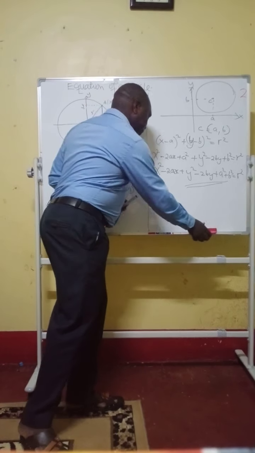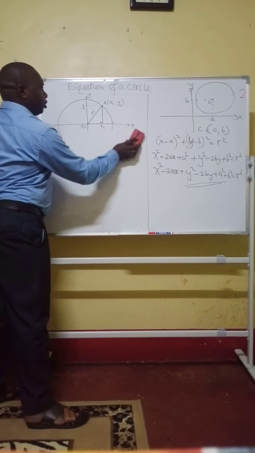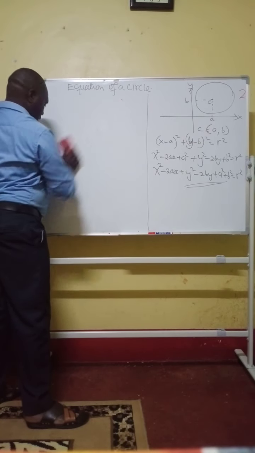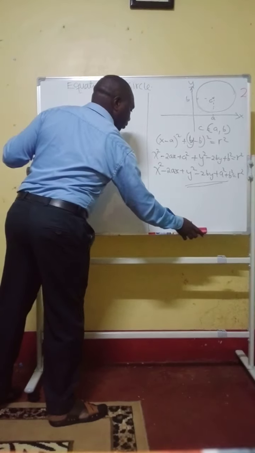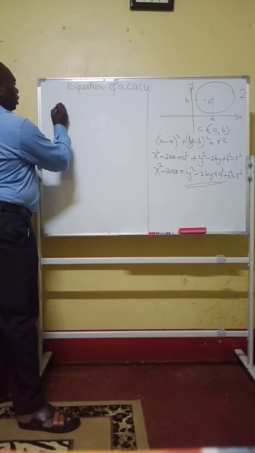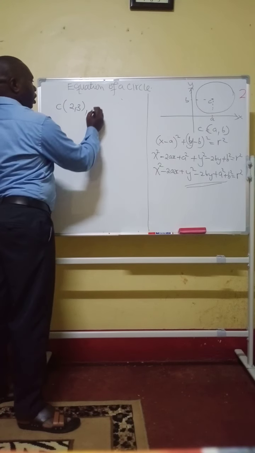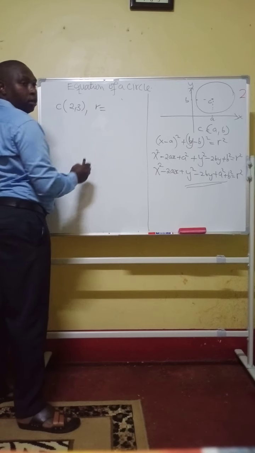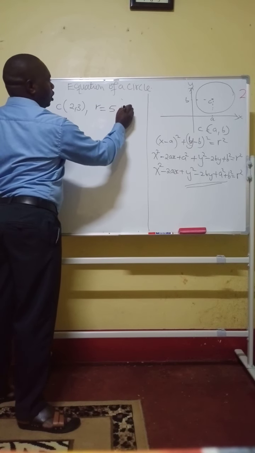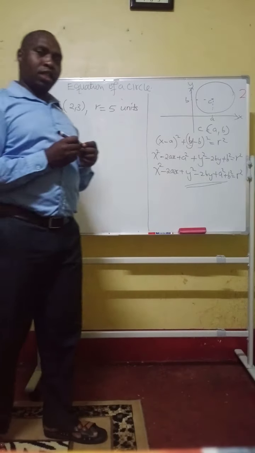For example, when you're given a situation where the center of a circle is at 2, 3, and you are told that the radius of this circle is 5 units, is it possible for us to determine the equation of such a circle?